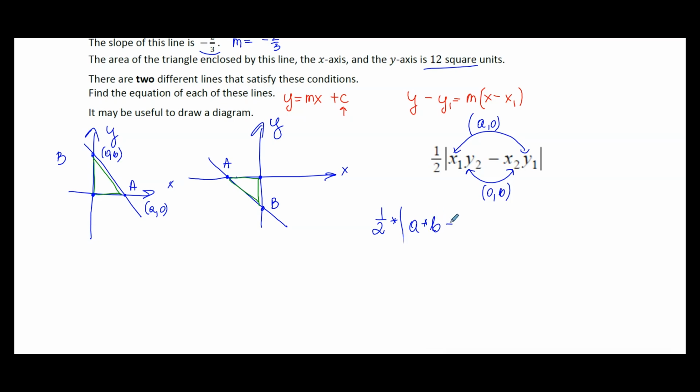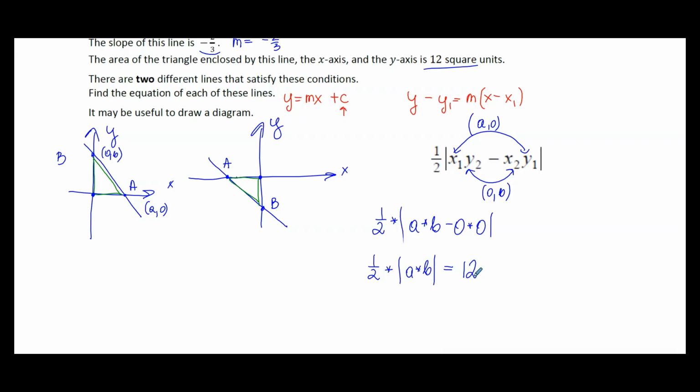B minus the x coordinate 0 multiplied by the y coordinate of the second point 0. So basically I have a half multiplied by A multiplied by B, and then let's not forget that equals 12.